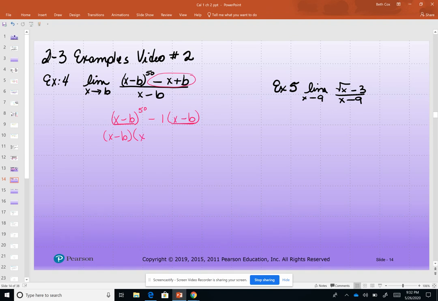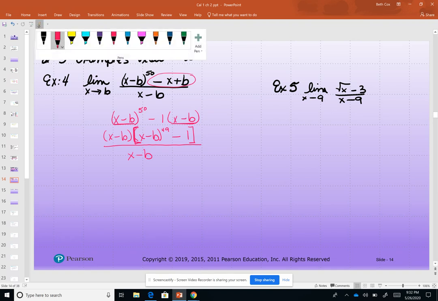So then that's going to leave an x minus b to the 49 minus 1. And that's what I get when I factor out an x minus b. And that's over x minus b. So think that through. It's very tricky.